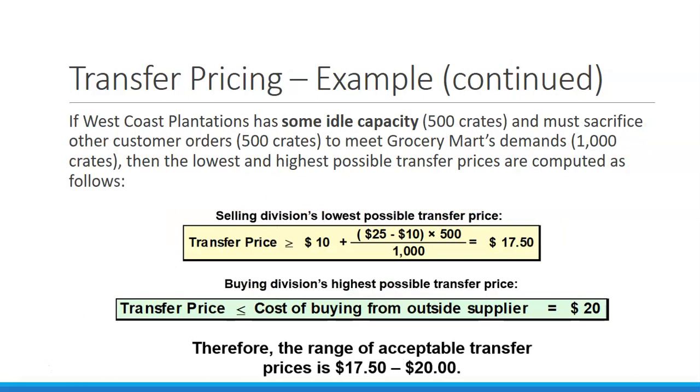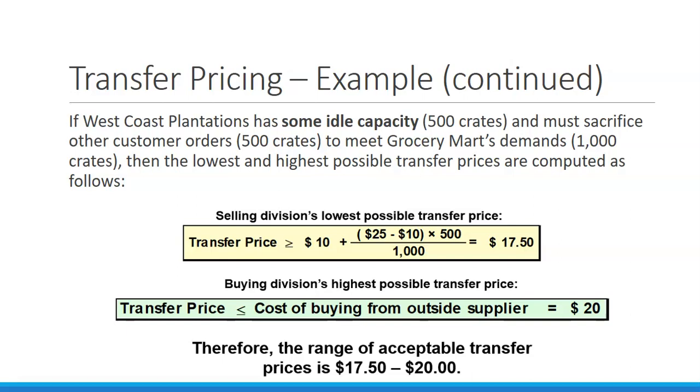If there is some capacity, but not all, and they must sacrifice other customer orders. So we have 500 crates of capacity, but in order to meet this full 1,000 crates of demand, we have to sacrifice 500 crates that can be sold on market. Then we're going to compute our variable cost plus the contribution margin of lost sales.